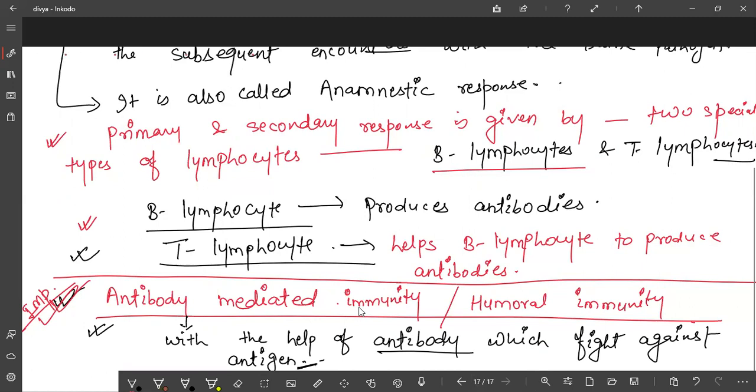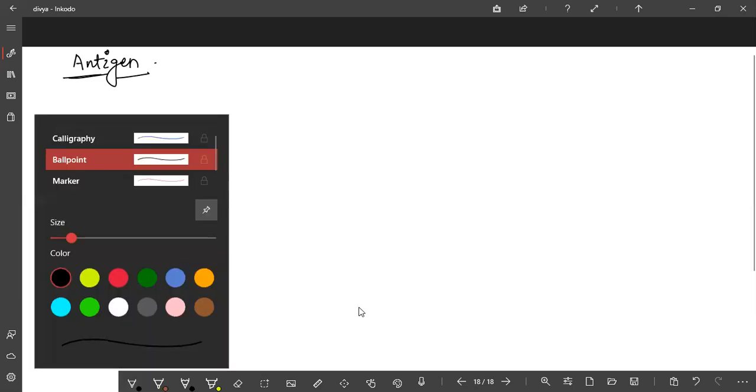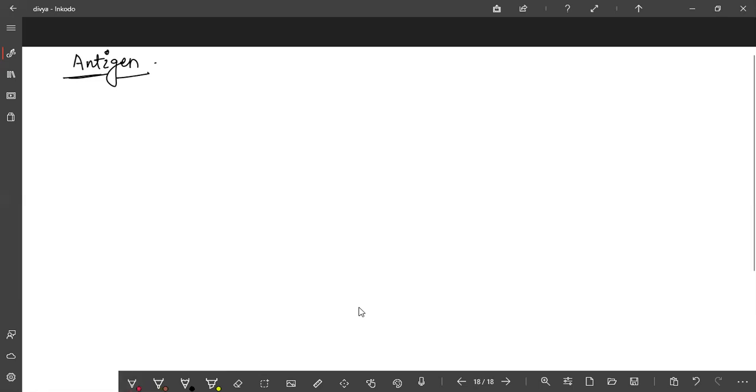So what is antigen? Have you any idea about antigen? Anti for antibody and gen for generation. So the substance that helps in generation of antibody is called antigen. Is it clear to you? So in short, it is called antibody generating substance.